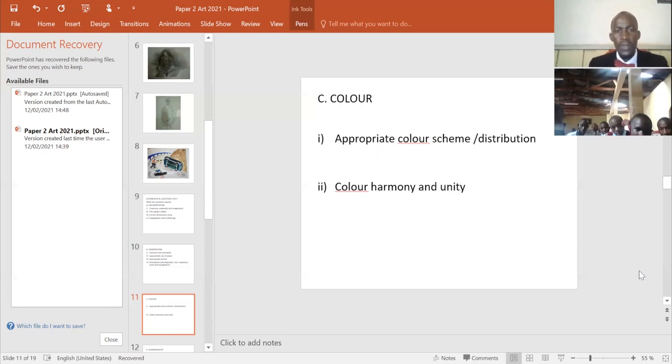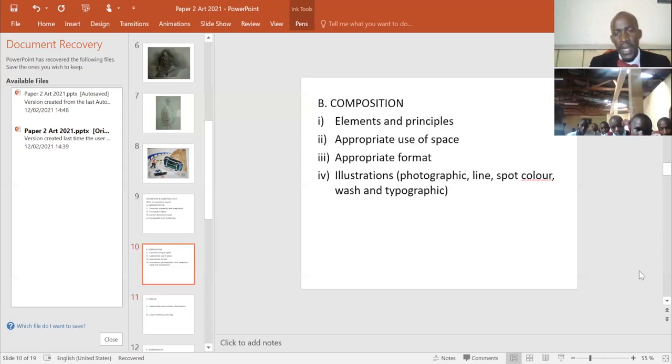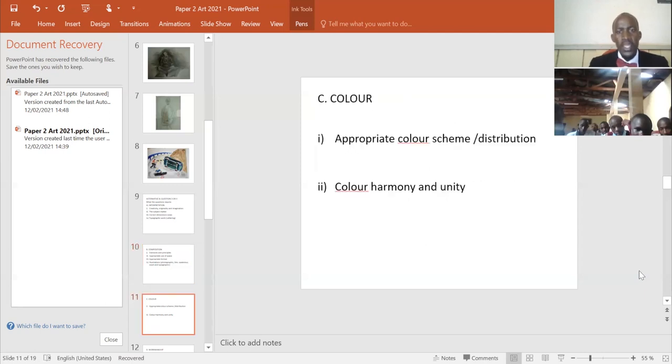They are supposed to be pure, without tints and shades. Although with time, we have accepted and given students room for creativity, and that is why wash became part of the illustrations, because when you're dealing with wash, we are dealing with color in very light form.